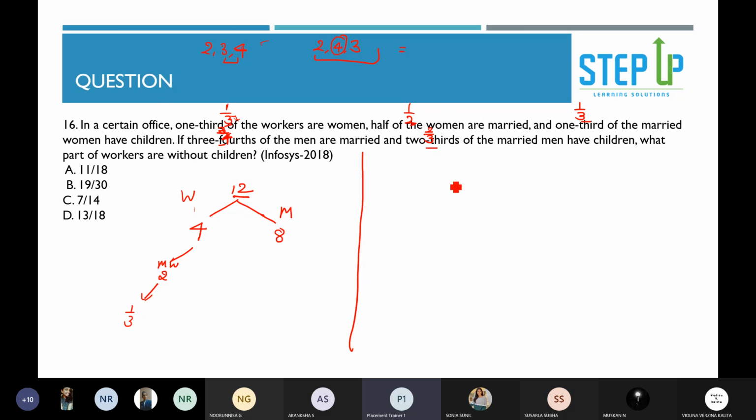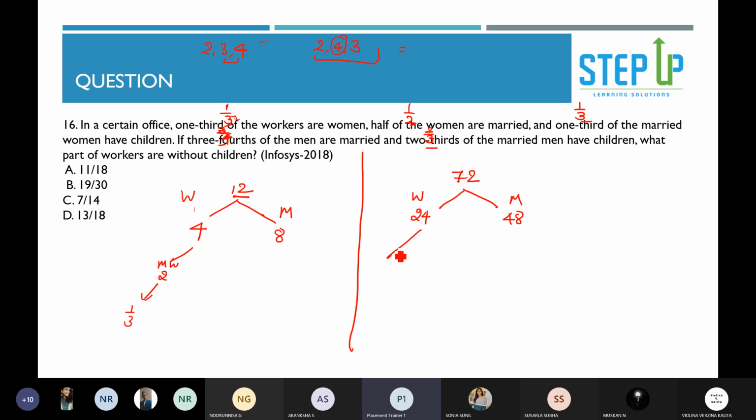As of now, why I'm taking 72, I'll tell you. Let's say 72 is the total number of people. 1/3, it means 24, right? And this is 48. 48 are men and 24 are women. Now, half of the women are married.